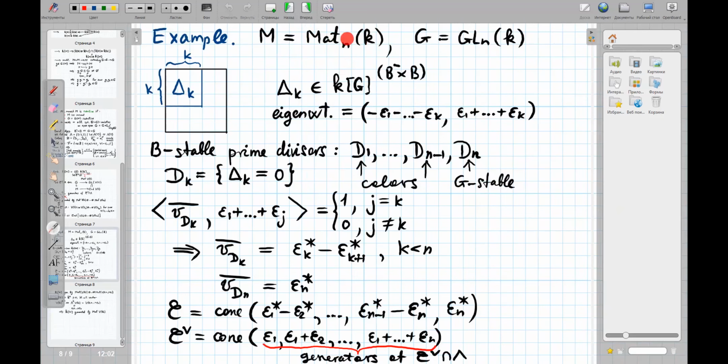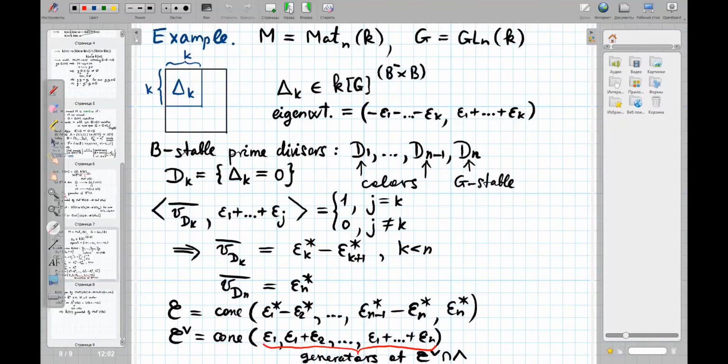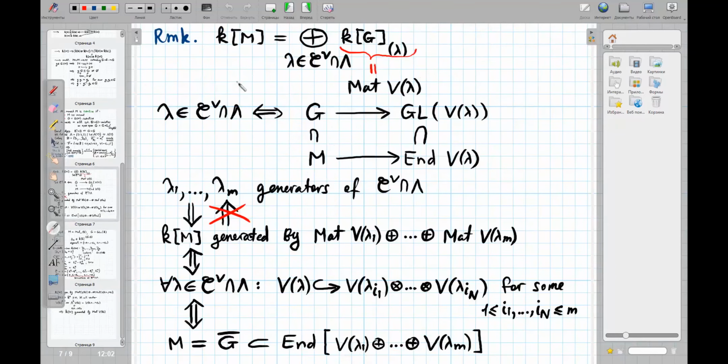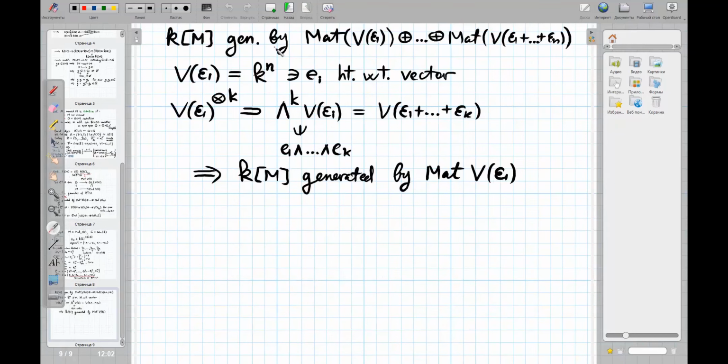And these matrix entries are exactly the matrix entries of the representation of K in the space K to the n. But I just wanted to put it in the general picture, to make it fit the general description of generators of the coordinate algebra of any reductive monoid. So this is this basic example. Now, what was your question?